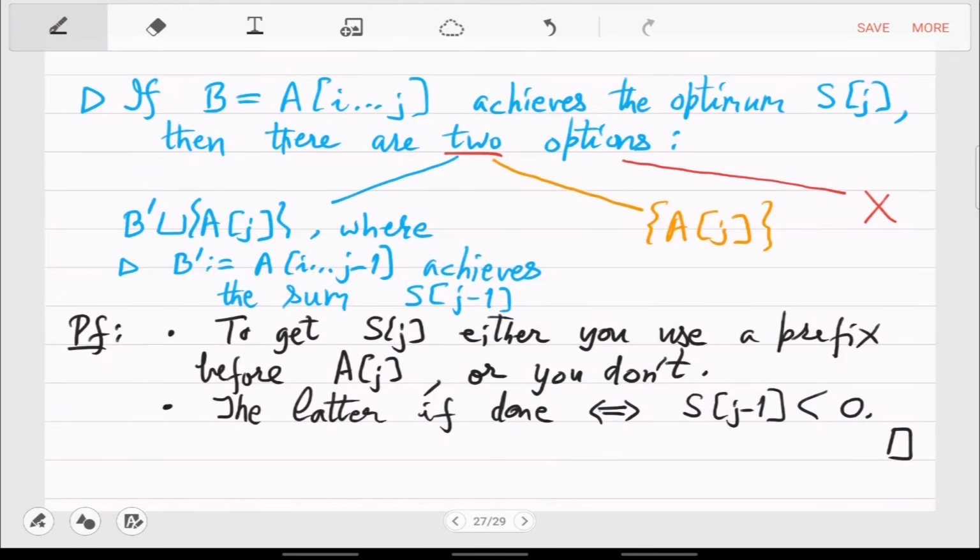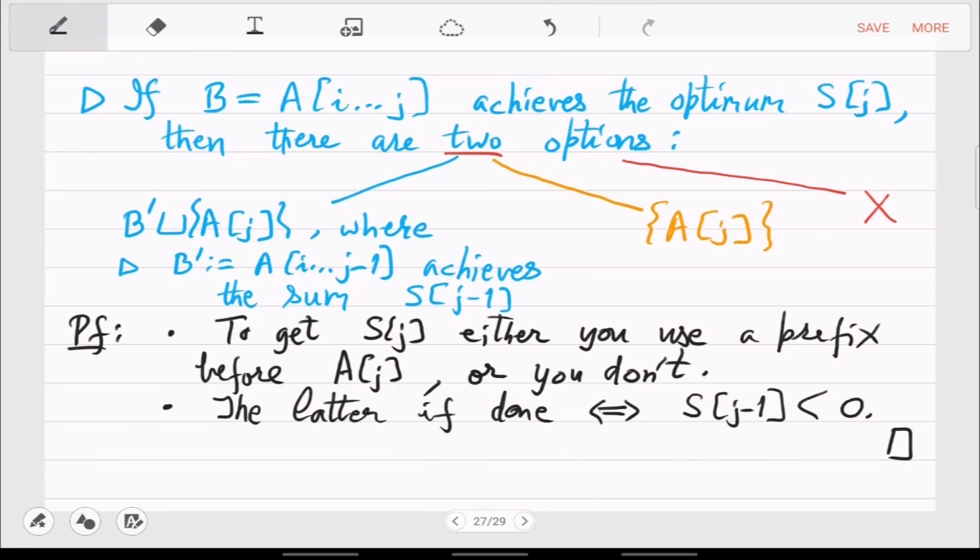But if you are going to use some prefix, you should then maximize that part. So maximum value will be given by Sj minus 1. And you will not want to use it only when that maximum is also negative. Because if you add negative, then your value further falls down from Aj. Right? And you are interested in the maximum subarray ending at j. So then it is better to live with Aj alone instead of adding the negativity behind.